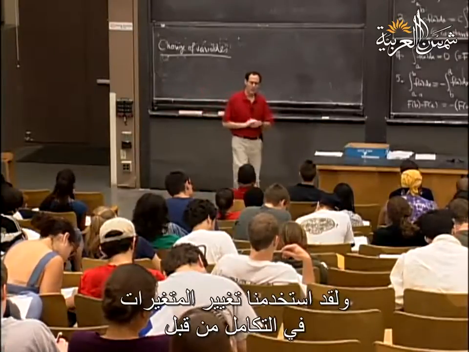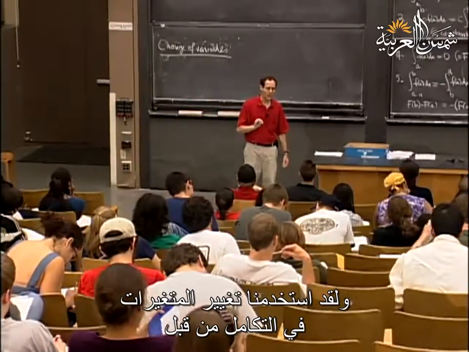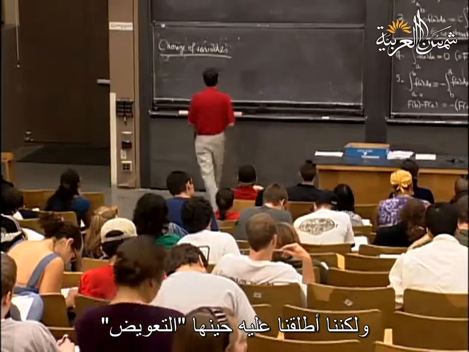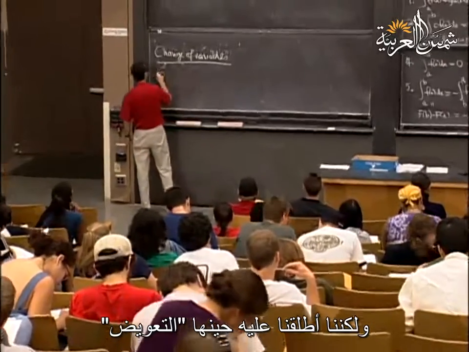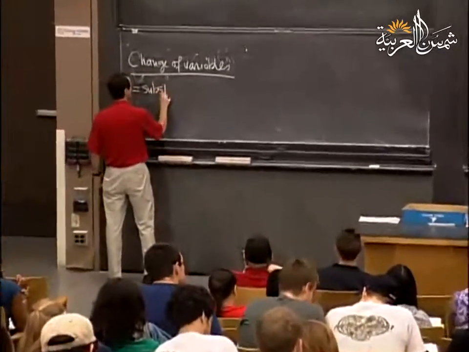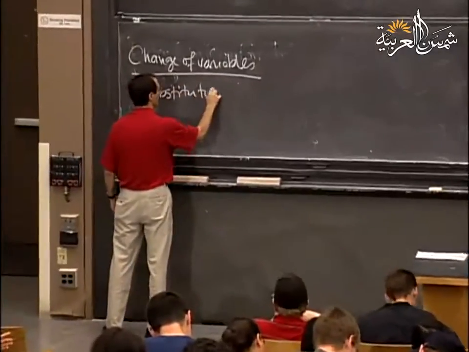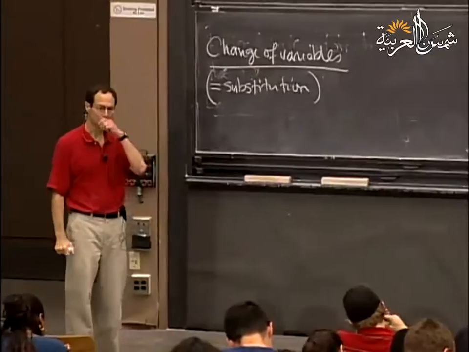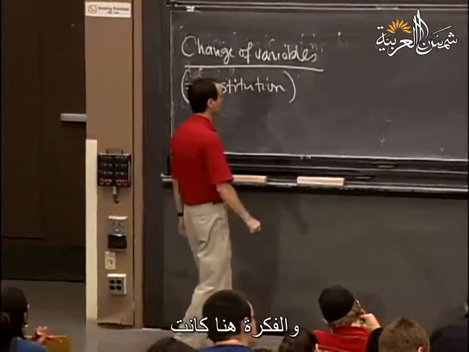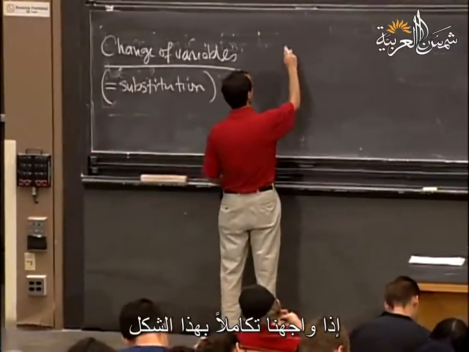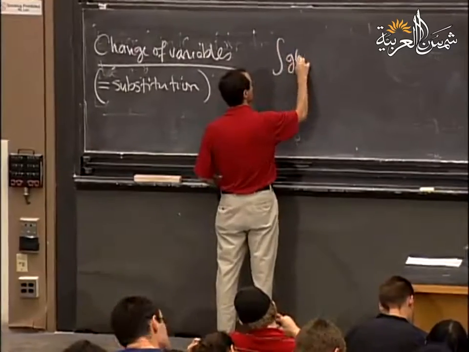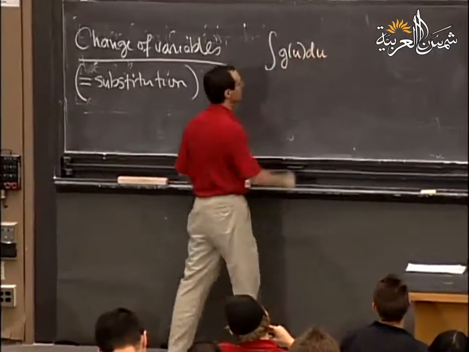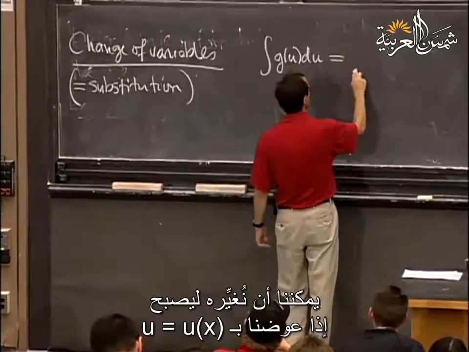Change of variables in integration, we've actually already done. The last time we talked about it, we called it substitution. And the idea here, if you may remember, was that if you're faced with an integral like this, you can change it.